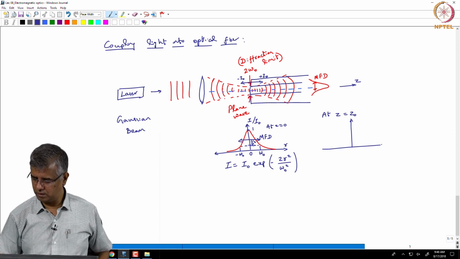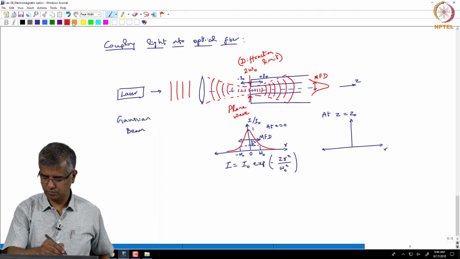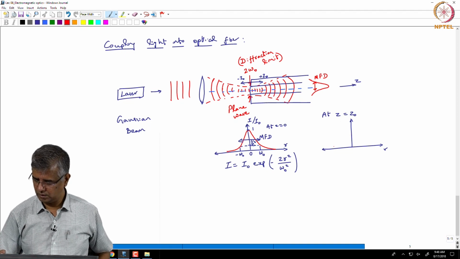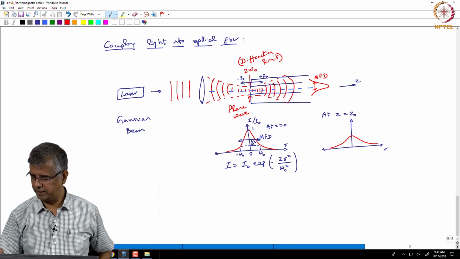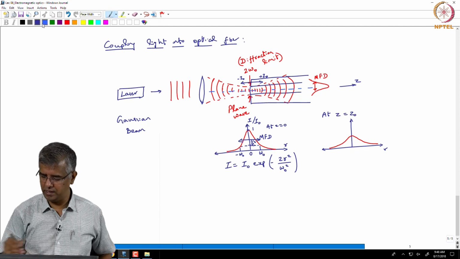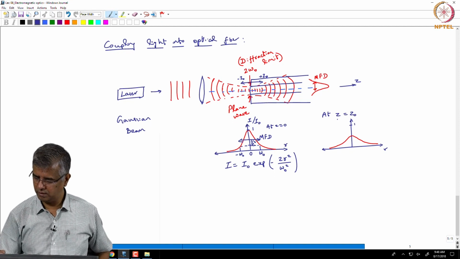the overall intensity pattern is like this. It takes a value, this is 1 when we define I over I naught, and this is half.